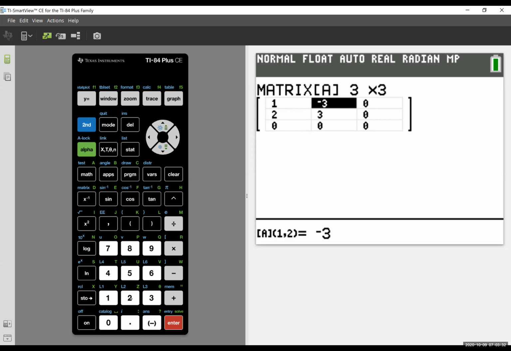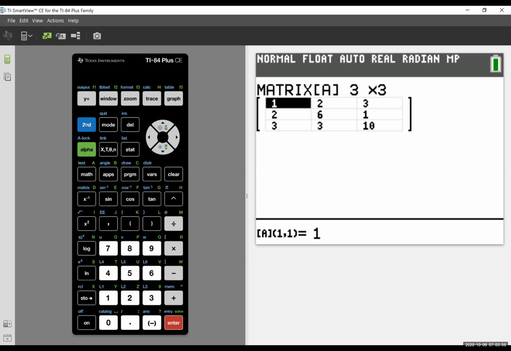I have 1, 2, and 3, 2, 6, and 1, and 3, 3, and 10. So just double check one more time: 1, 2, 3, 2, 6, 1, 3, 3, 10.